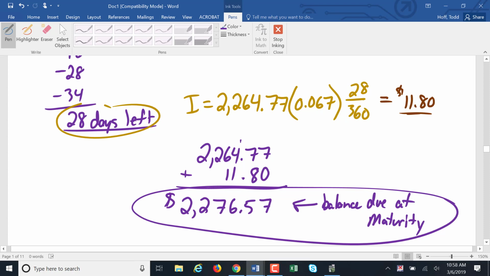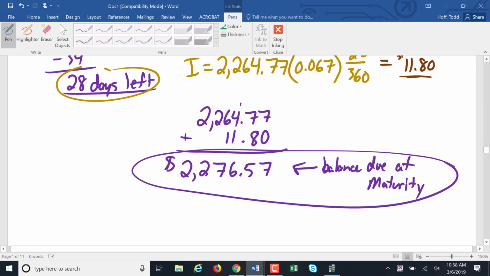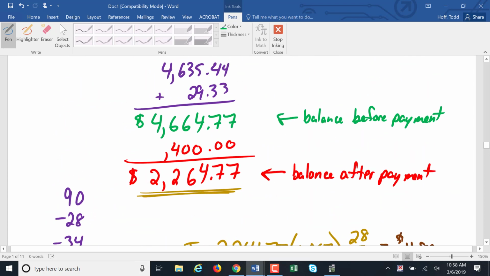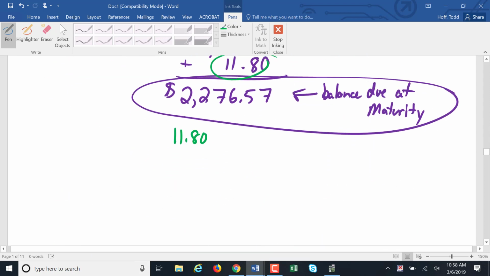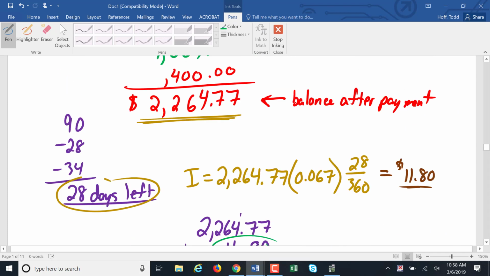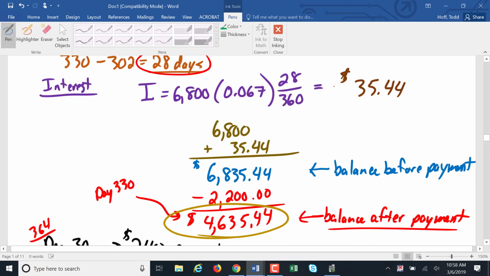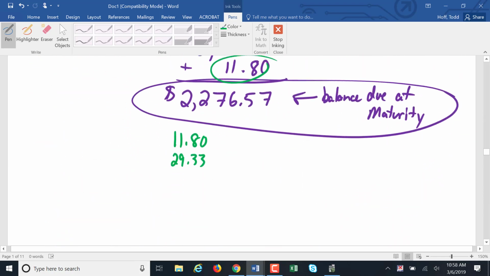Now I asked for total interest as well. So to get total interest, I'm going to add up. I have $11.80. I had $29.33. And going all the way back up, $35.44.